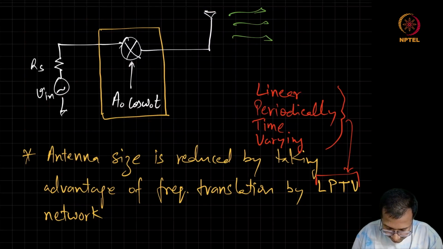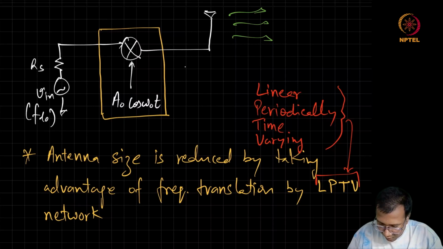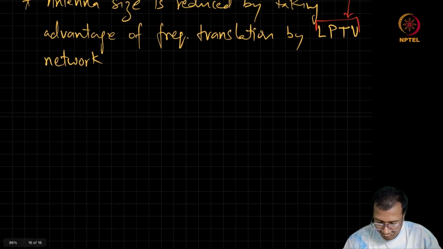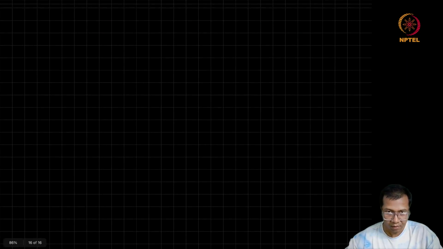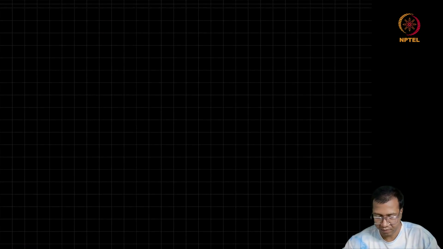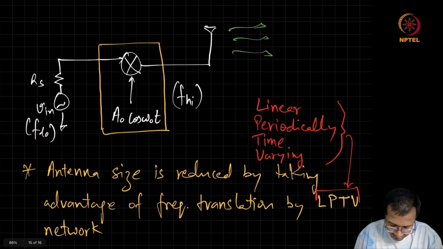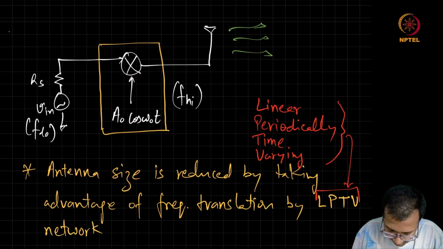So this is at f low, and here we have a high frequency. Next, we will try to see how to design a receiver, and whether we face the same kind of problem as we have seen in the design of a transmitter. This is a simple transmitter.